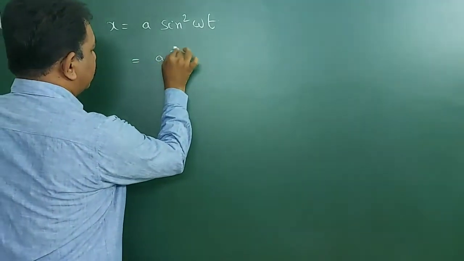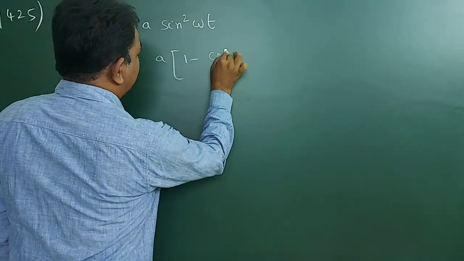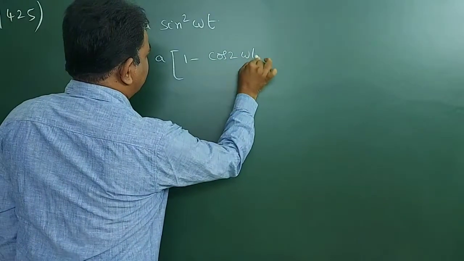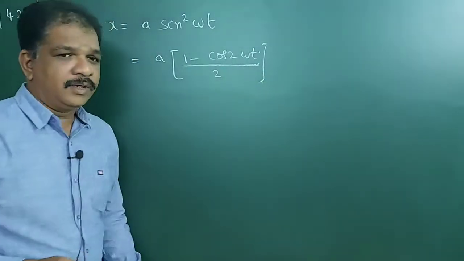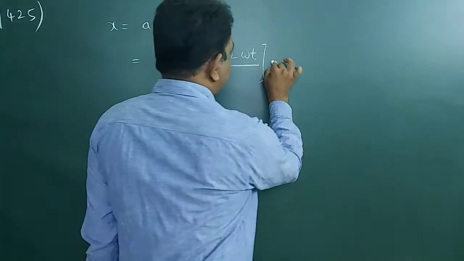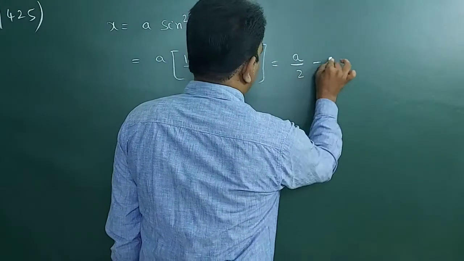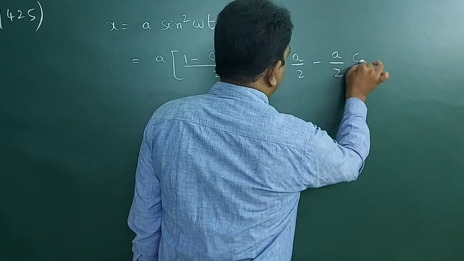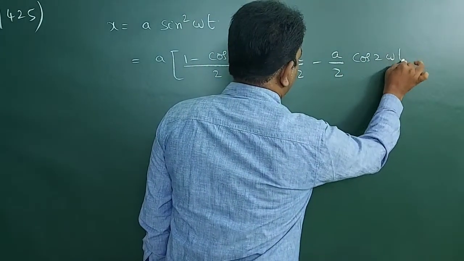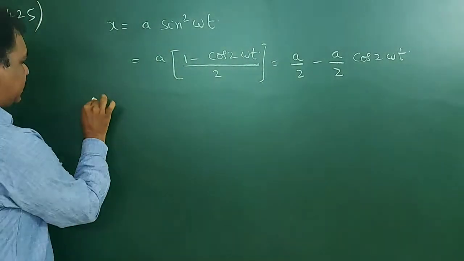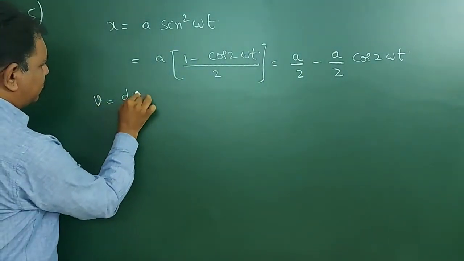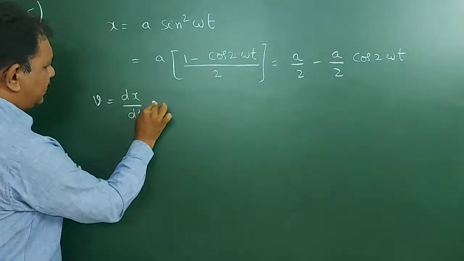A into sin square omega t, that is 1 minus cos 2 omega t by 2. Like this we can write. This is a by 2 minus a by 2 cos 2 omega t. Then find its velocity. V is equal to dx by dt.